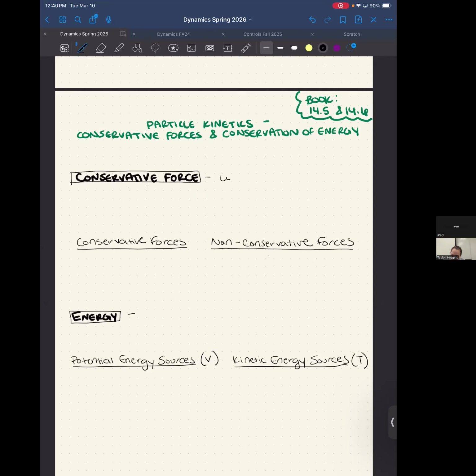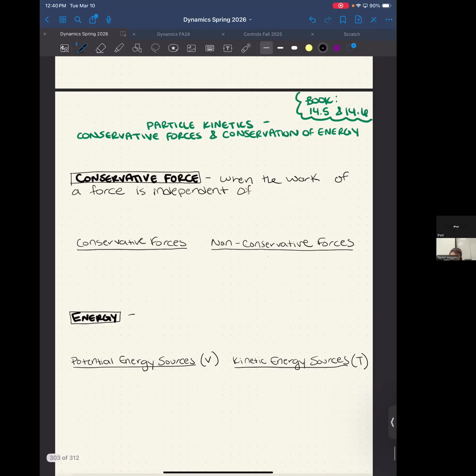Okay, so a conservative force is when the work of a force is independent of its path and depends only on the force's initial and final position on the path.